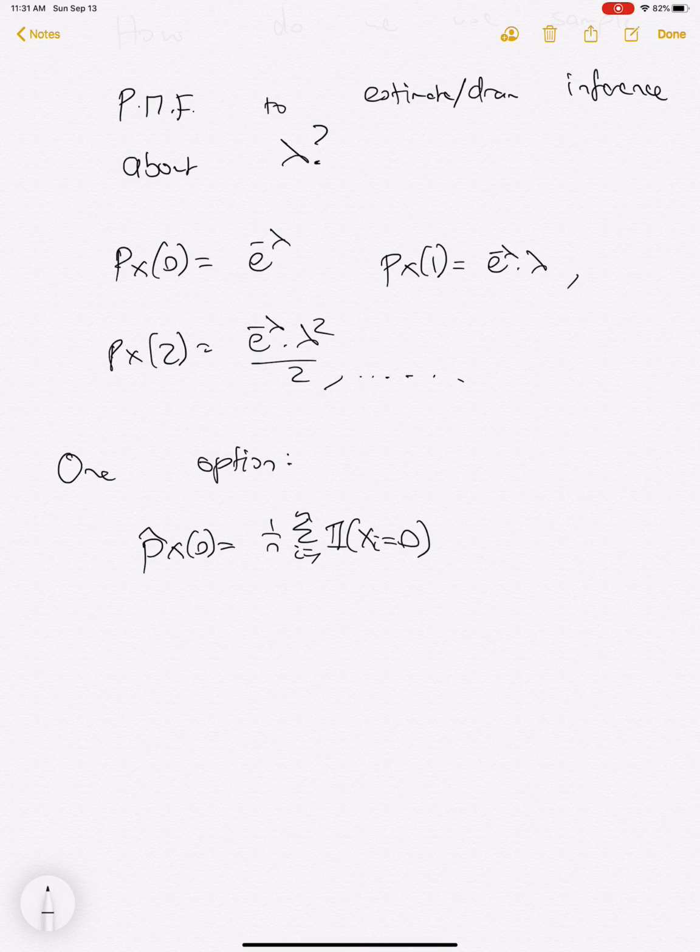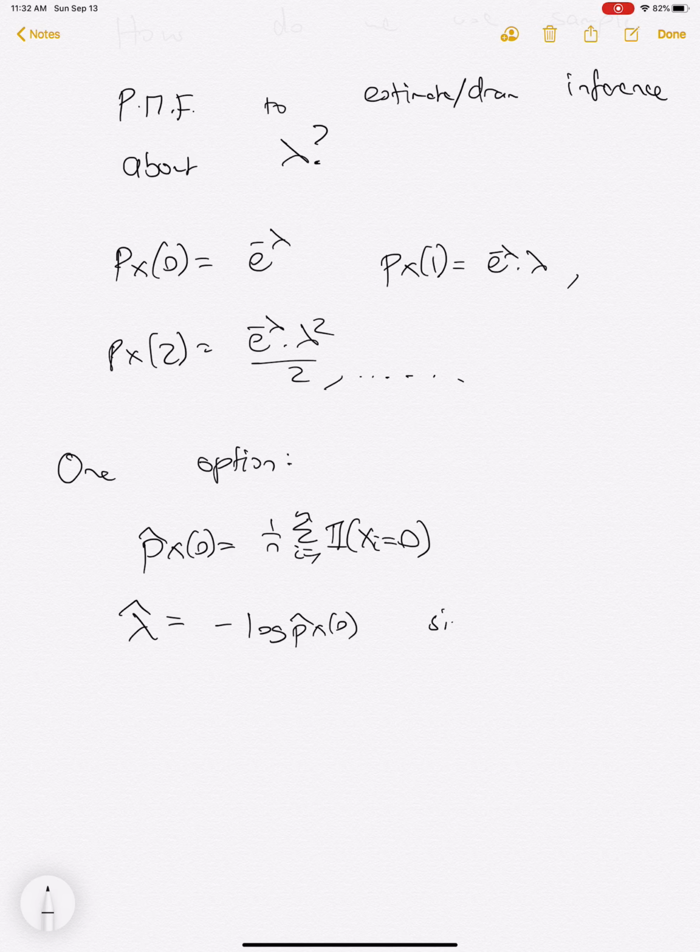We can work out from our sample what this p hat x of 0 is, the proportion of samples that are 0. And then we can let lambda hat, which is the estimate for lambda, be just equal to negative log of p hat x of 0, right?